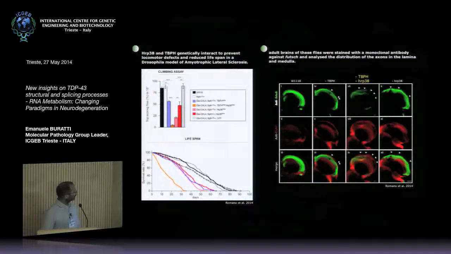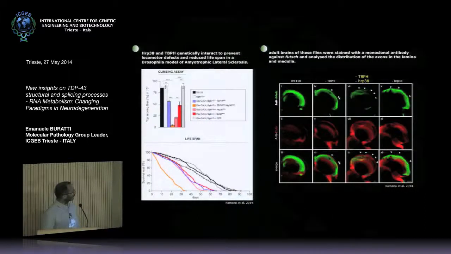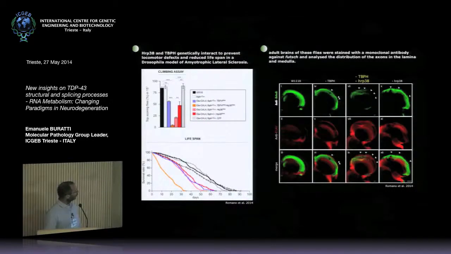If you partially knock out TBPH or HRP38, the Drosophila homologue of HNRNP A1 A2, you can have a loss in the lifespan of the animals. But if you partially knock out to exactly the same level both TDP-43, TBPH, and HRP38, you can see that the lifespan is very much dramatically reduced.